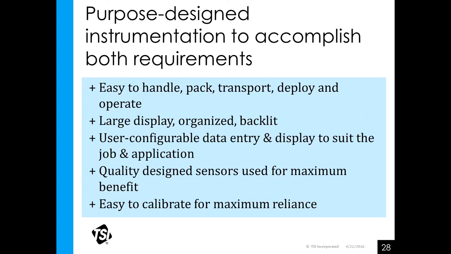They normally should be employing quality design sensors for maximum performance, maximum benefit. Quality and easy to calibrate go right along together. Today's best critical HVAC instrumentation is both quality and easy to calibrate, benefited by sensors that are smart probes in design, meaning the calibration certificate travels with the probe.